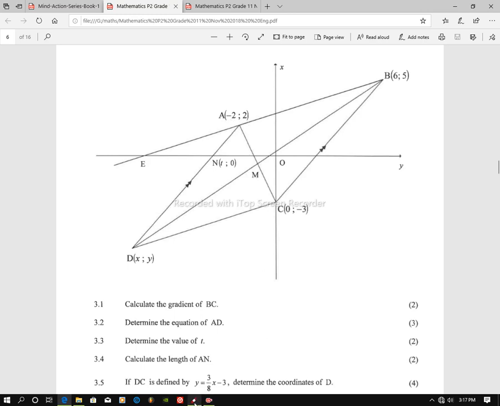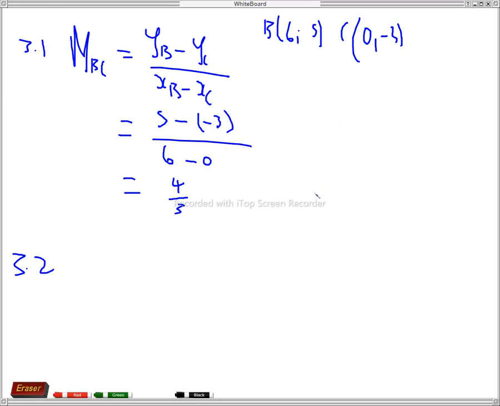At D we have -2, and at A we have -2 and 2. So let me copy this on the board. D is -2 and 2. They want the equation of AD. I like this equation because I think it saves time, you understand?